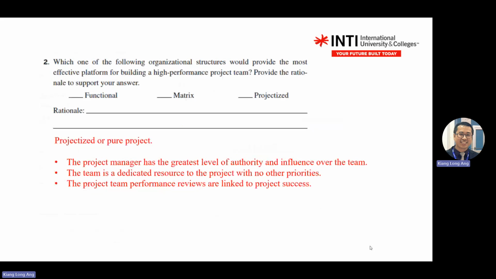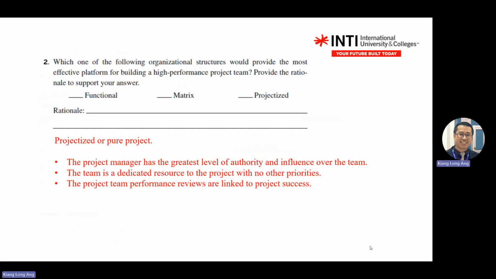A dedicated team means dedicated resources to the project with no other priorities. So it means they focus on projects. The resources go to the project rather than to the specific functional groups. Project team performance reviews are linked to project success, so the KPI performance reviews are based on project success.